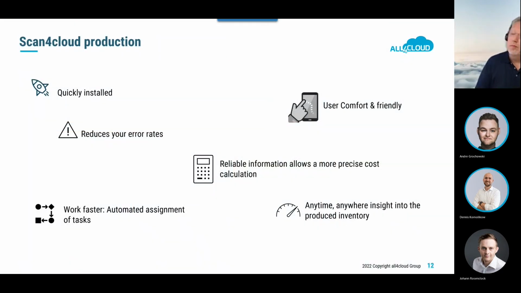If you make the production orders created in SAP Business ByDesign available digitally on mobile devices, you get information on the setup and teardown of workstations, consumption and finishing times of the individual sub-steps in production directly.